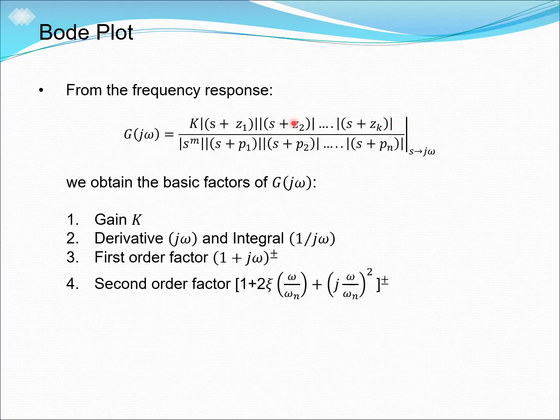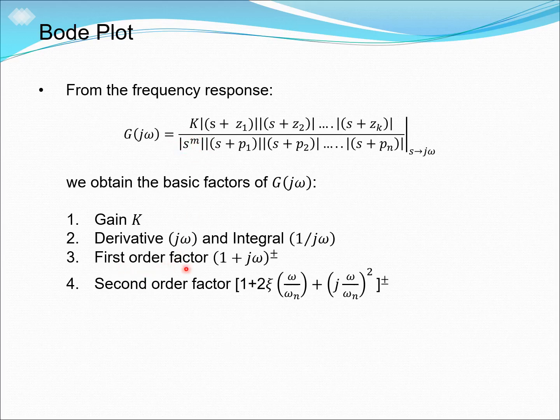So from the magnitude frequency response, we can obtain the basic factors of j omega. So we have K as our gain, derivative j omega. If we have an s at the numerator, it is considered as our derivative j omega, and integral 1 over j omega. So this is going to be our integral part of our frequency response.